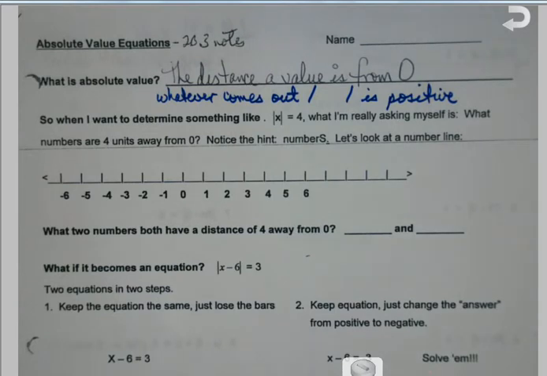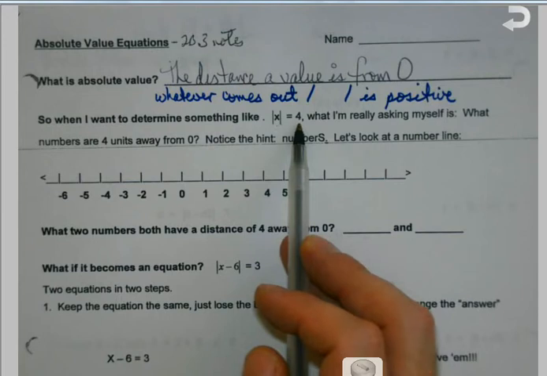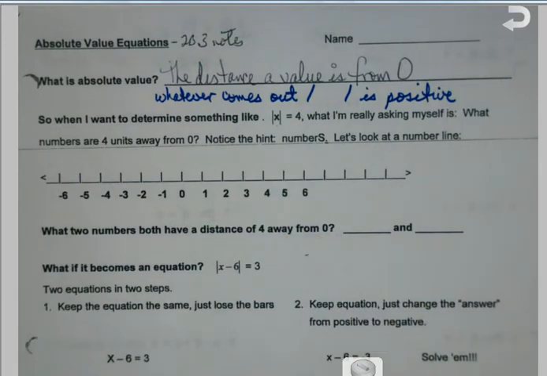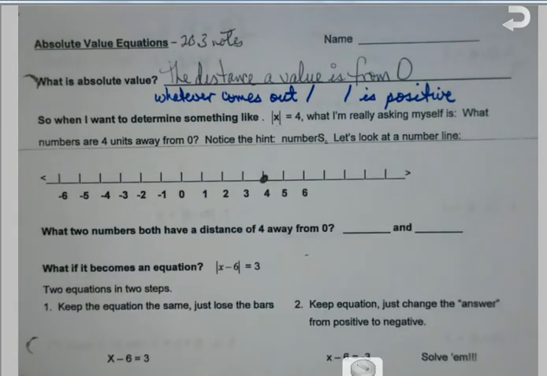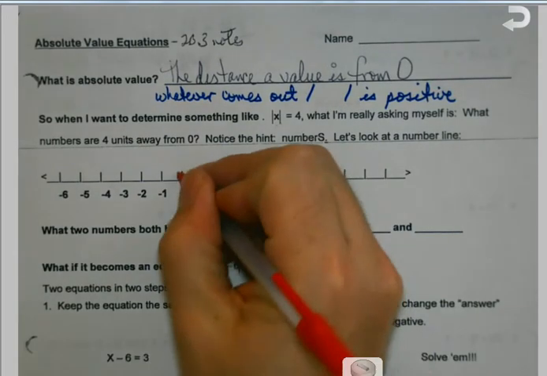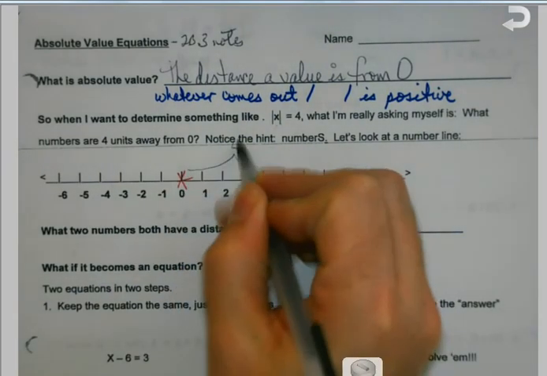So I wanted to start with an example that's a little bit simpler so we can see why we do some of the things that we do, because it makes more sense. For instance, if we get the absolute value of x equals 4, you're saying what number or numbers are 4 away from 0? Well, we always know one of them, 4. And that makes sense. Right, nicely done. Because if I'm starting at 0, this one's 4.